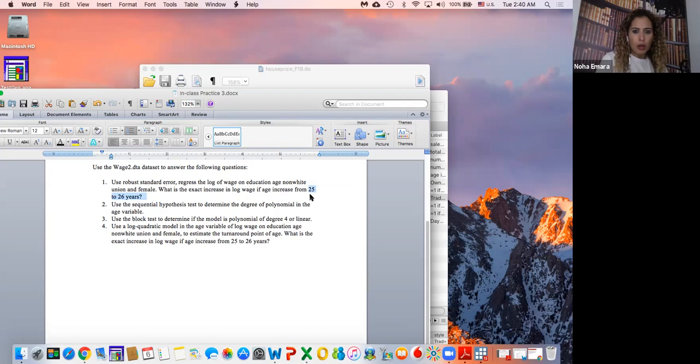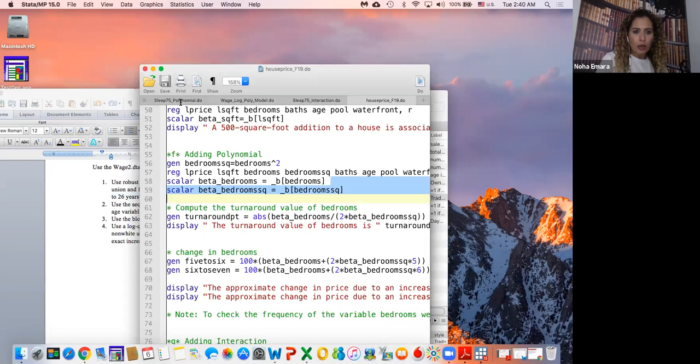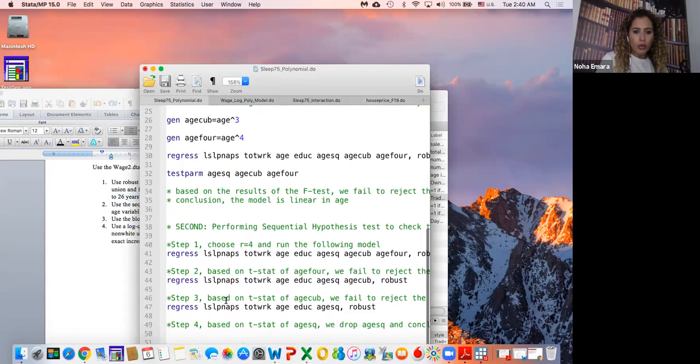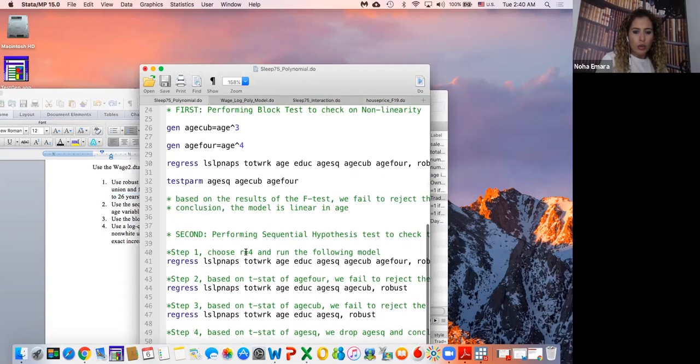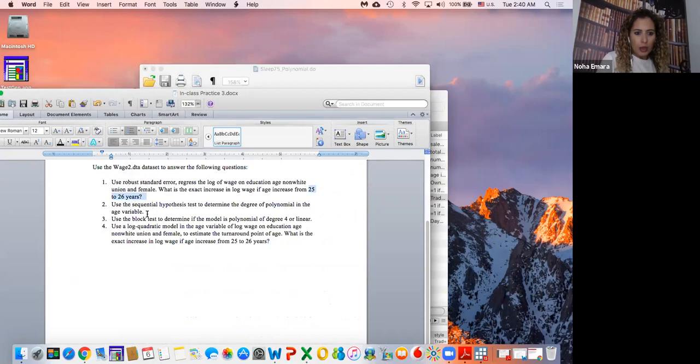Easy, read the coefficient. Use the sequential hypothesis. How to do that? Here I showed you sequential. You start with R4, 3, 2, 1 to determine whether your model is linear or of a certain degree. And what else? The block test.